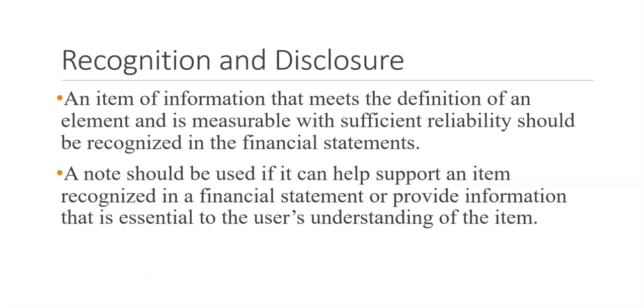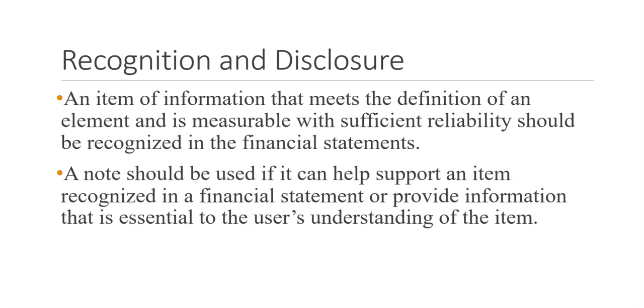So for recognition and disclosure, that information needs to be measurable with sufficient reliability. So anything that meets that, of course, we're going to have materiality, things that if it's not material, it doesn't need to be recognized and disclosed in the financial statements. We know that materiality varies depending on how large a business or government entity is.